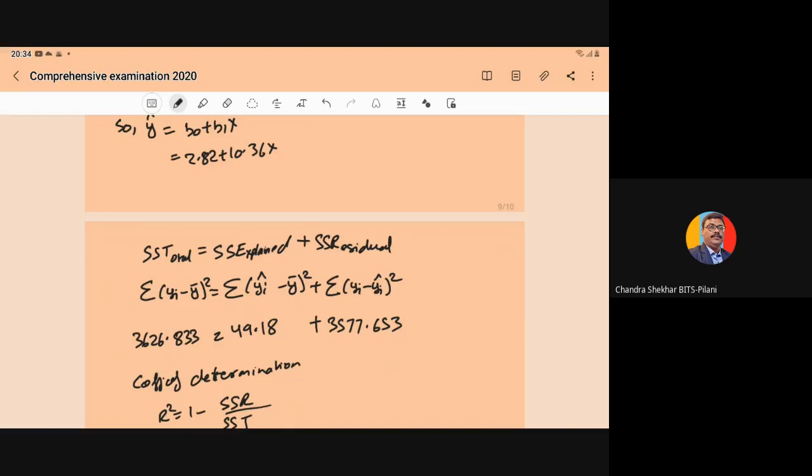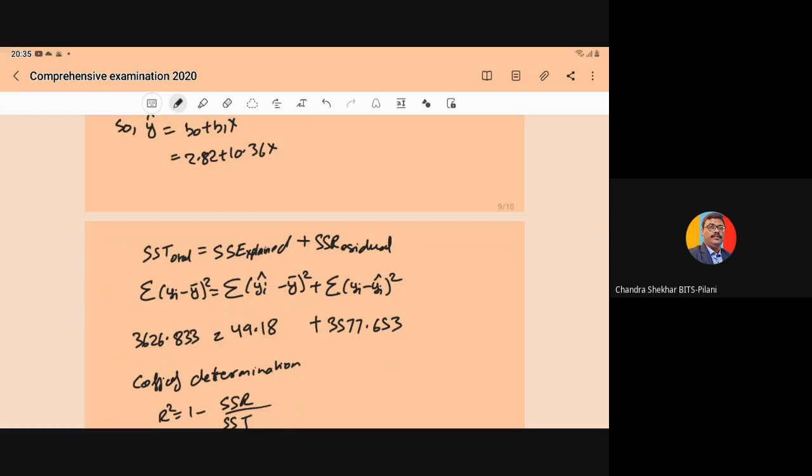So we know that SST, the sum of square of total, is equal to SSE, sum of square of the error, plus SSR for the regression. That we can denote as summation of yi minus y bar whole square, equal to summation of yi cap minus y bar whole square, plus summation of yi minus yi cap whole square.